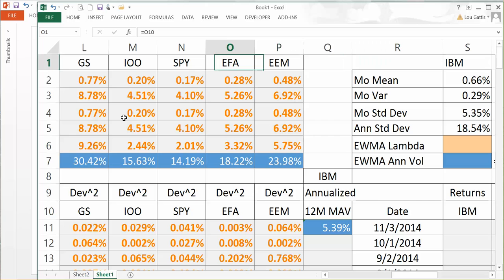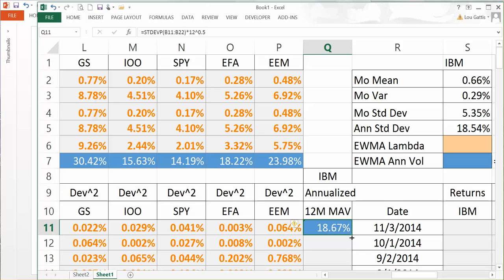That's my monthly standard deviation over the last 12 months. I'm going to multiply that by the square root of 12 to annualize it. And you can see the annualized volatility over the last 12 months for IBM is 18.67. And then I can copy this. So this is a trailing 12-month annualized volatility right now.